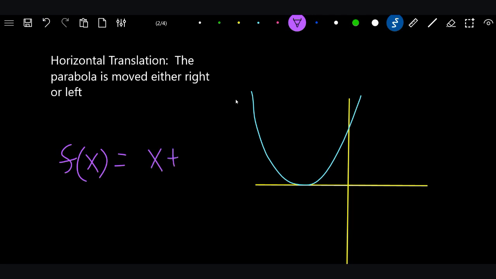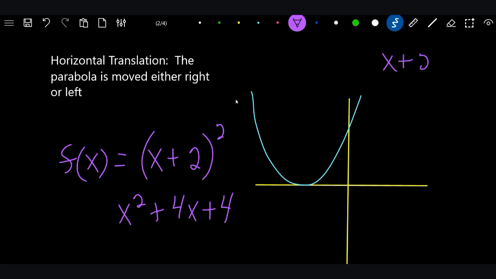X plus a constant, so we'll say x plus 2 squared. You say, well, where did the x squared go? It's right here, okay? It's right there. And then we have to square this. Well, what does this look like when we actually square it? Well, it looks like x squared plus 4x plus 4 because we have to square that whole thing, or we have to FOIL it. X plus 2, and that's what you would get when you FOIL that.